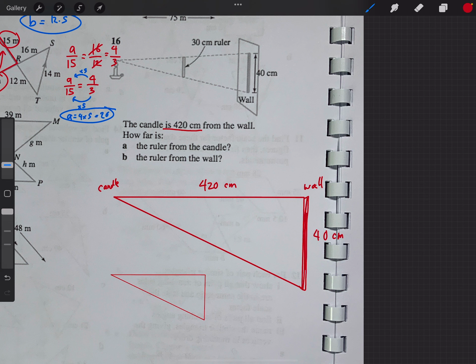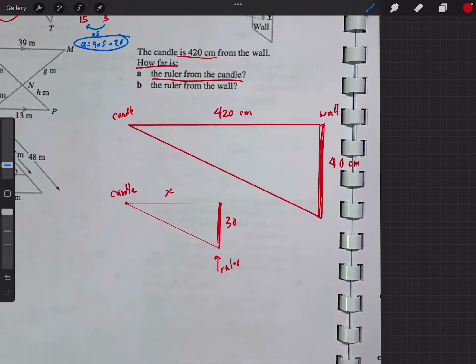And we know this one here is 30. And these are two similar triangles. Oops, we don't know if they're 90 degrees or not. Don't worry about that. So that's 30. Now we need to find how far the ruler is from the candle. So here's the ruler, and this is the candle. So we need to find x. I'm going to call that distance x.